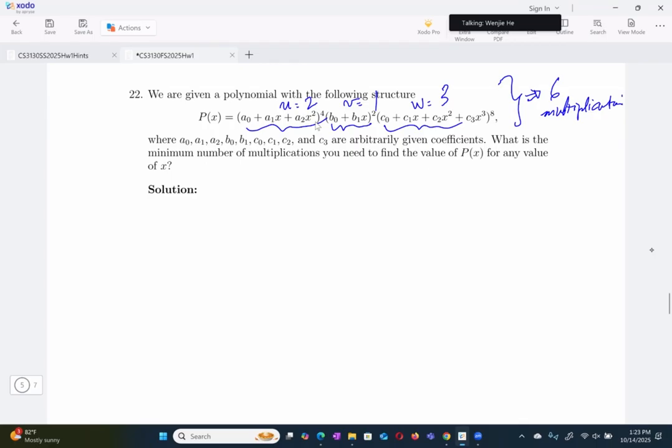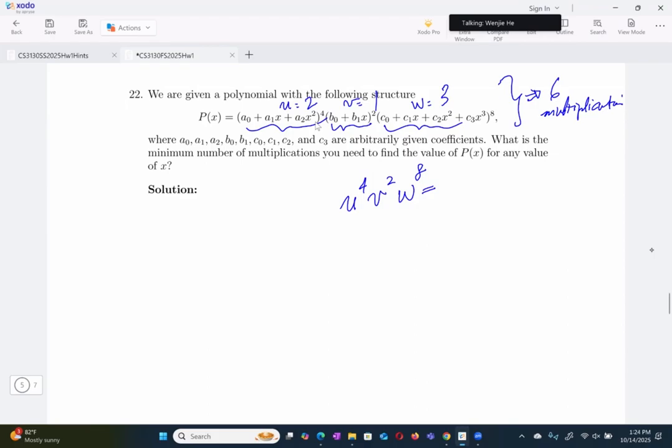Then the second step, some students missed it slightly. Second step: U to the 4th, V squared, W to the 8th. We do square sharing, based on the hint.